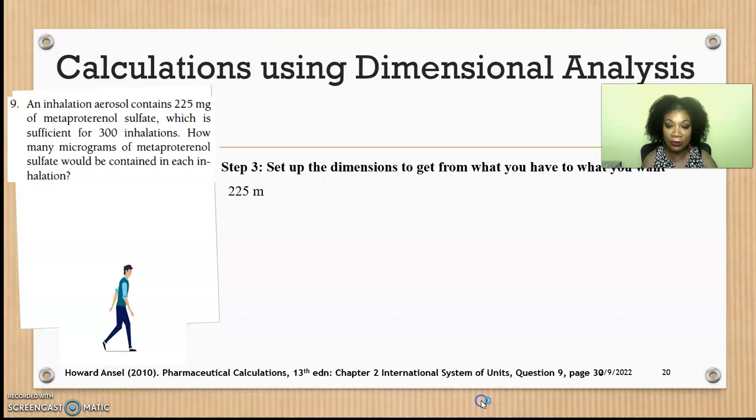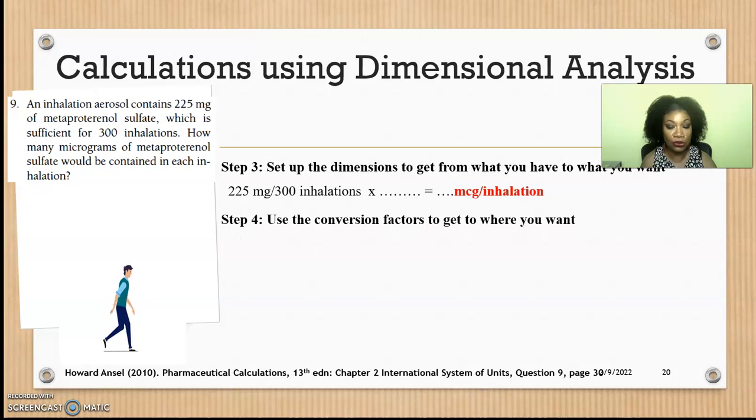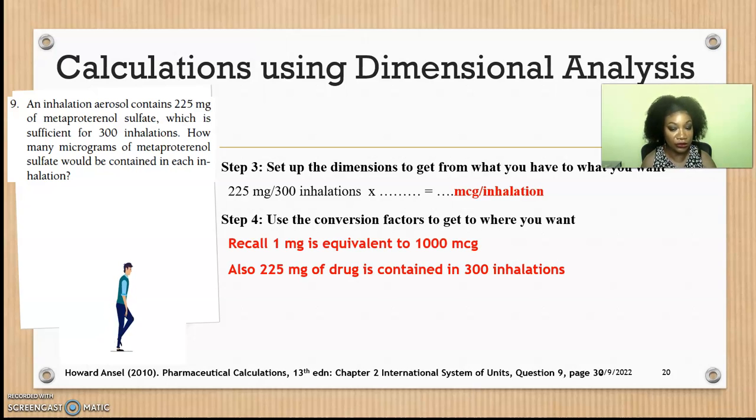So let's go through it again. We're setting up our dimensions. We want 225 milligrams per 300 inhalations multiplied by a particular conversion factor to end up with micrograms per inhalation. So we are going to use the conversion factors to get to where we want. Recall that 1 milligram is equivalent to 1000 micrograms.